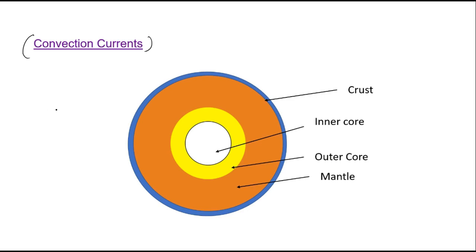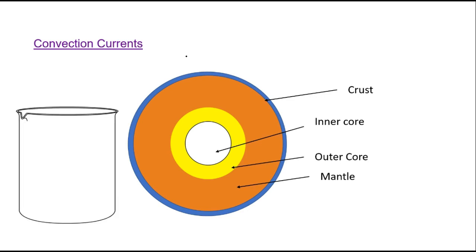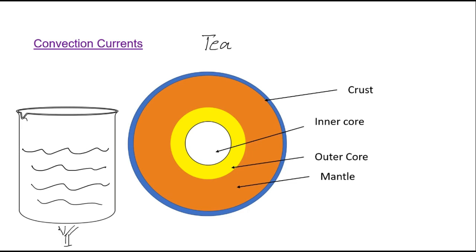Imagine that we are preparing tea, right? And we put water here in the container. You all know how it is to be prepared. And then we use heat at the bottom. Then over a period of time, this water will start getting heated up and starts boiling.